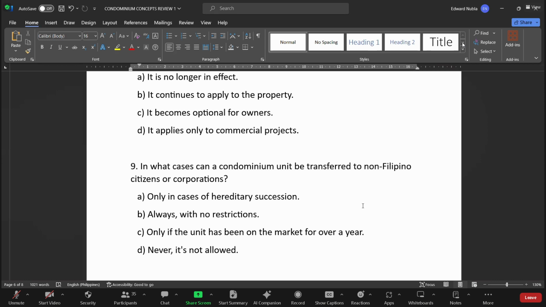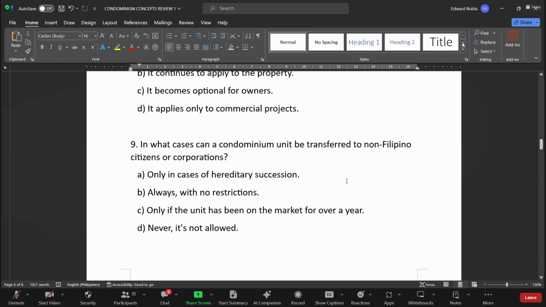Medyo malabo eh. Okay. Sige. I'll assume na lang na I answer. Letter A. Only in cases of hereditary succession.